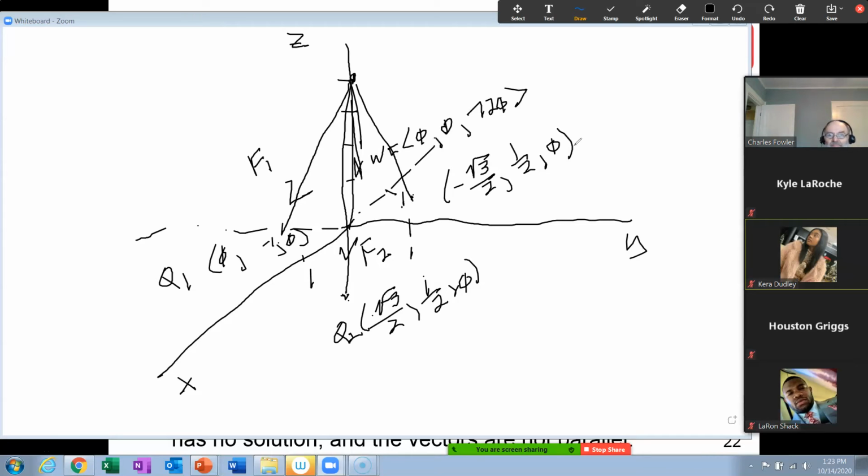Now, if you look at this little triangle made here, and this is going to be hard to see because my origin is almost in line here, the sides of that triangle are 4 this way.